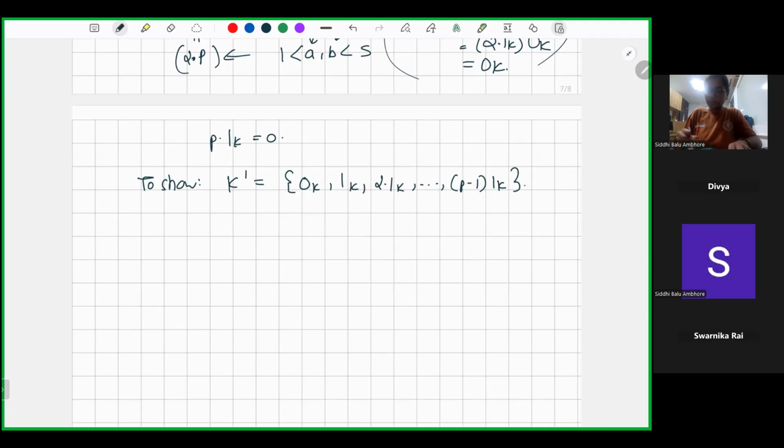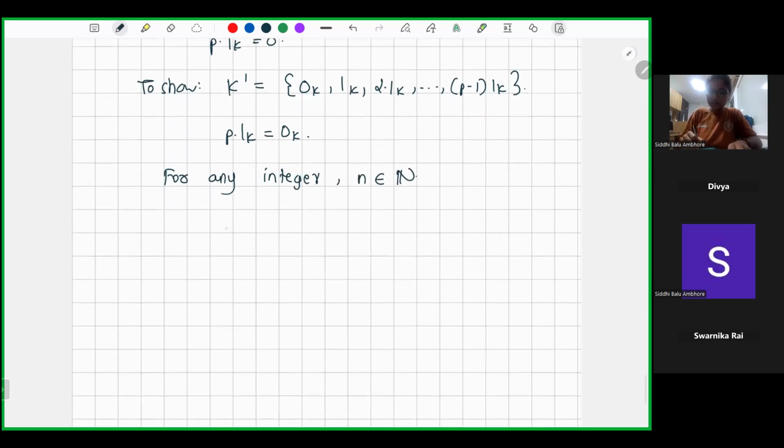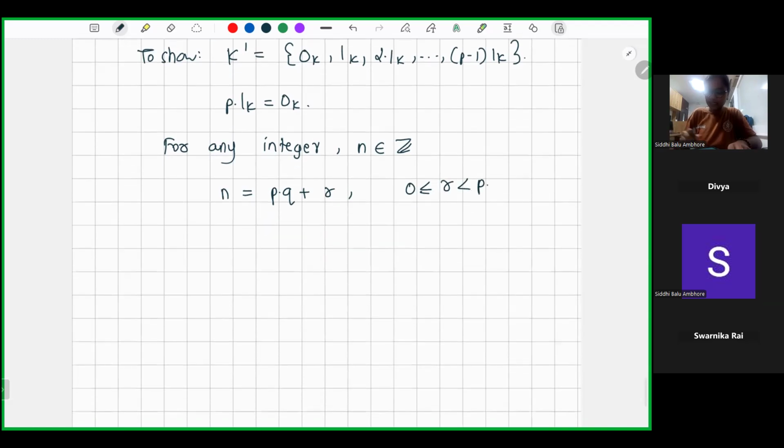See, if I take any value, p·1_K is my 0_K, and for any element n·1_K for any integer n, we can always write this n as pq + r, where r is between 0 and strictly less than p.